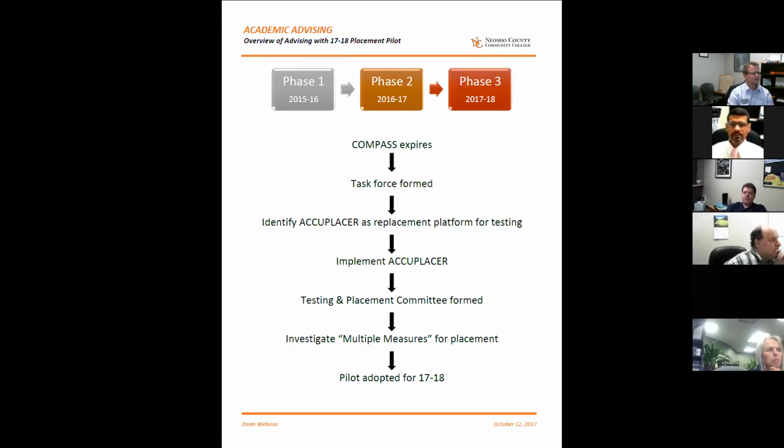Then the next year, phase 2, we formed a testing and placement committee with a little bit different task: to start to investigate multiple measures, what that could look like for Neosho County, and how we might incorporate that into a placement program for us. So that was 2016, 2017, and now we're currently in the 17-18 academic year where we've just recently adopted this pilot and are putting it into practice and evaluating the multiple measures that we've chosen. So again, it's not something that was arrived at capriciously by any means, but it may seem like a surprise for some of you who are just learning of this.